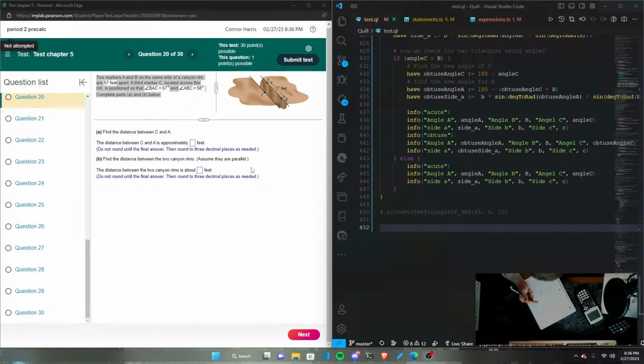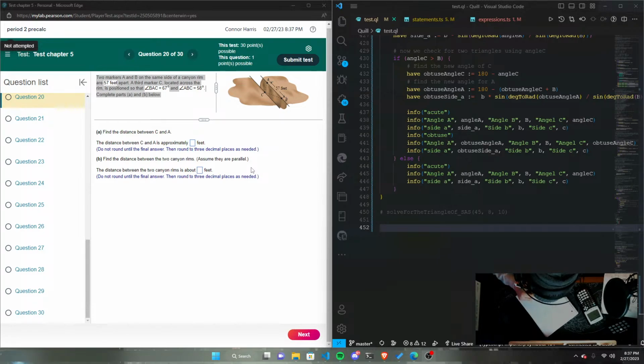Oh, nice. And now we need to solve for little b. So we can do sine of b divided by b is equal to sine of c divided by c.